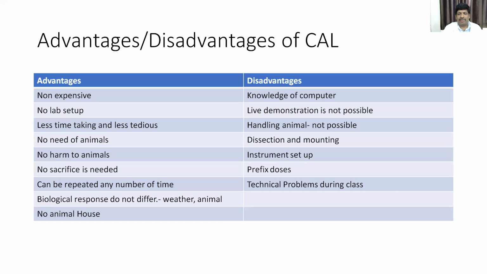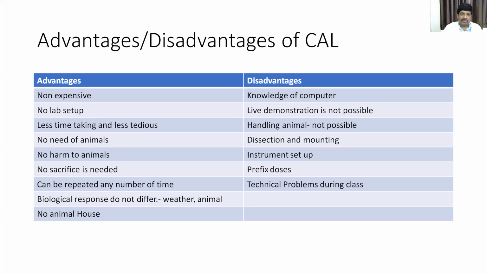This I have already covered, but then again, see what happens is, advantages. It's non-expensive. Expenses are required, but here a recurrent expense is not much required, and expenses are far less than the traditional method.